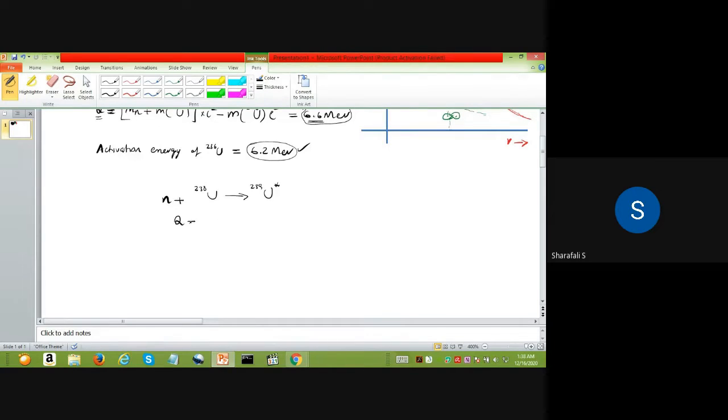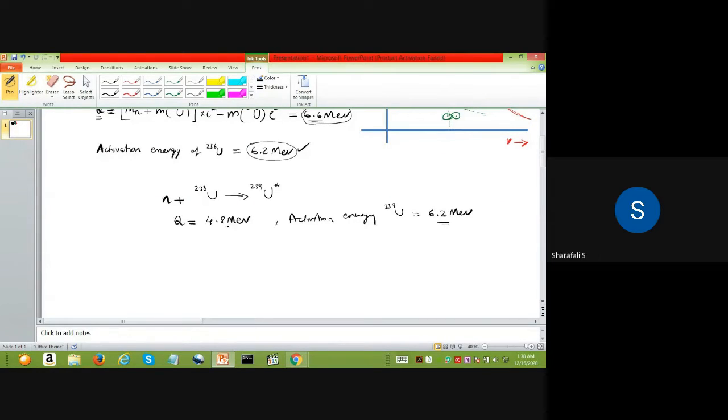The Q value of this reaction is around 4.8 mega electron volt. Okay, and the activation energy of this particular nucleus, that is uranium 239 in this case, is around 6.2 mega electron volt.